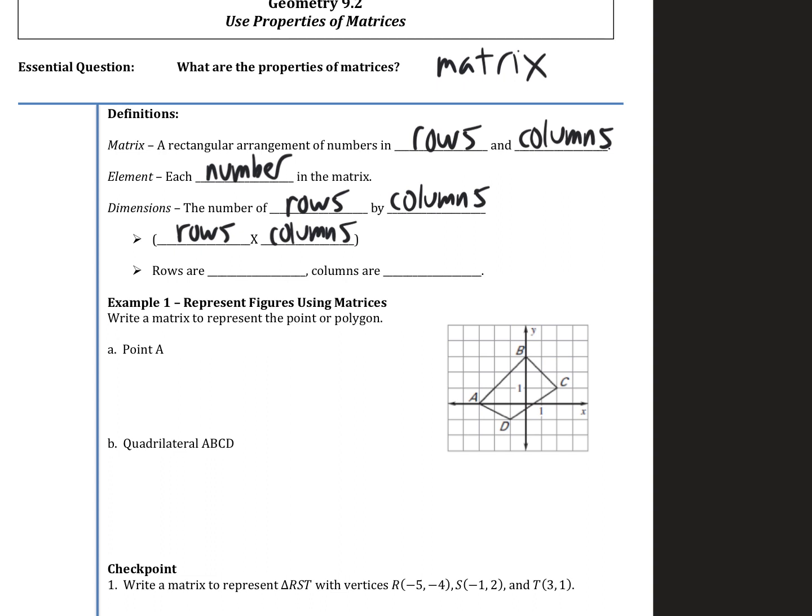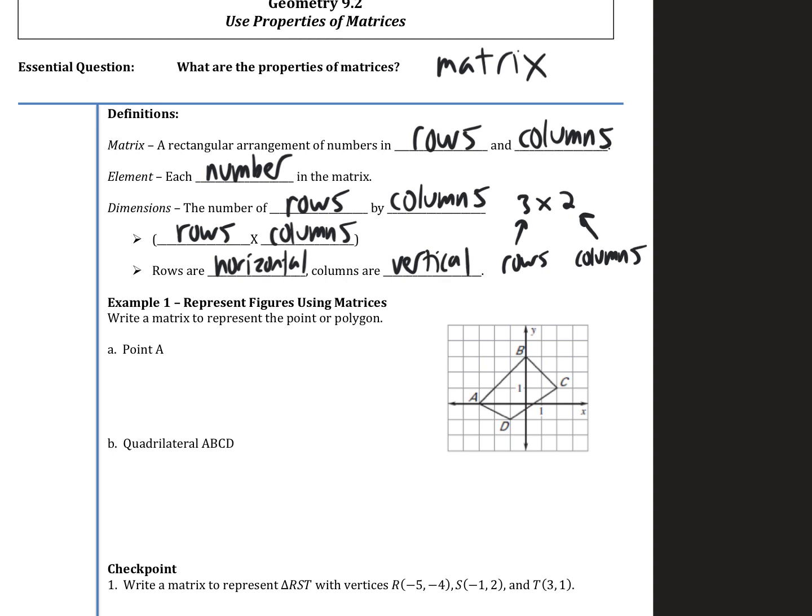For example, if you have a matrix that's 3 by 2, the first number is rows, and the second number is columns. Rows are horizontal, and columns are vertical.